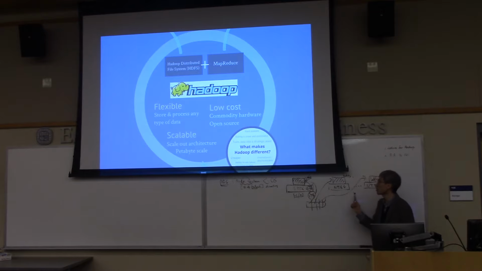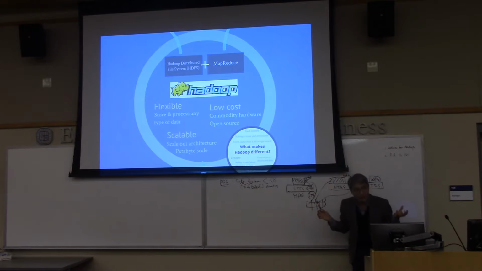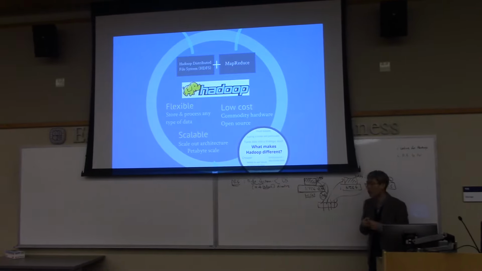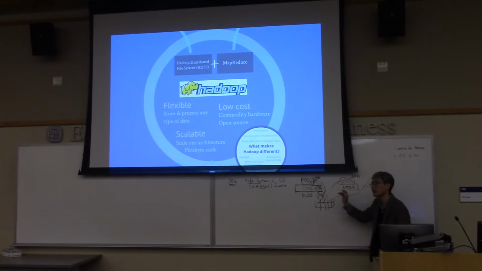Fail means not just this node is crashed, but mostly what? Network failure. Because the idea of distribution is, if they are not connected, no way. It's not distribution, it's isolated. They are connected by the network. Most of the failure is the network failure.